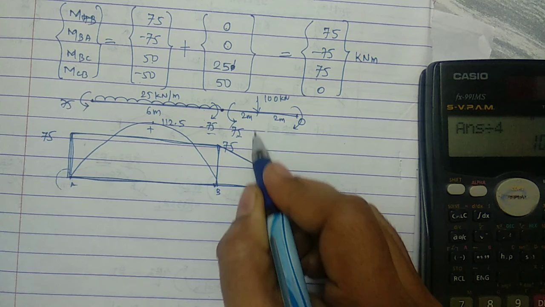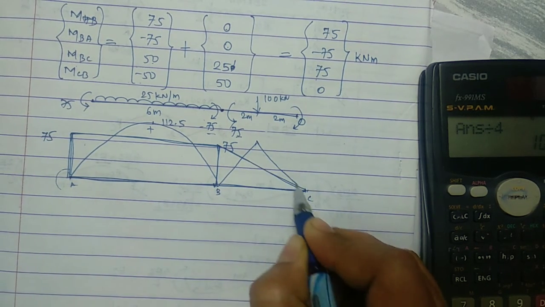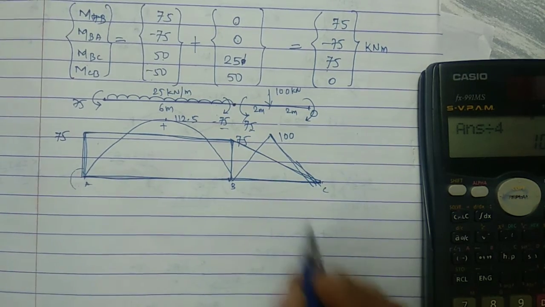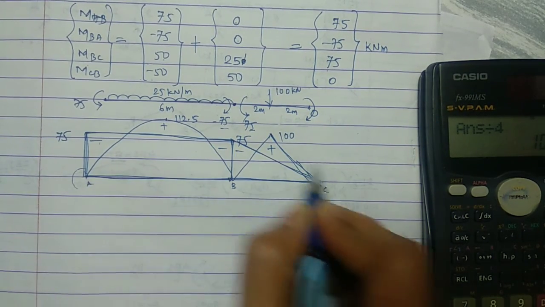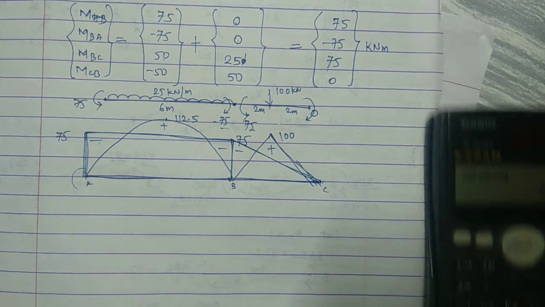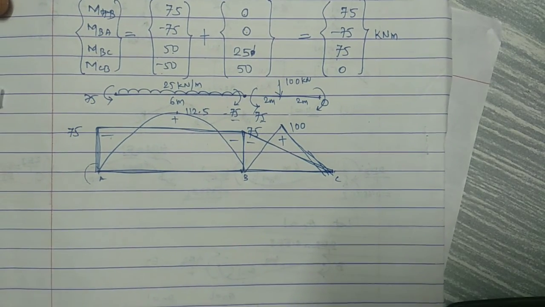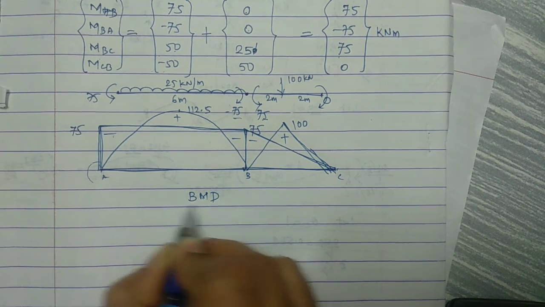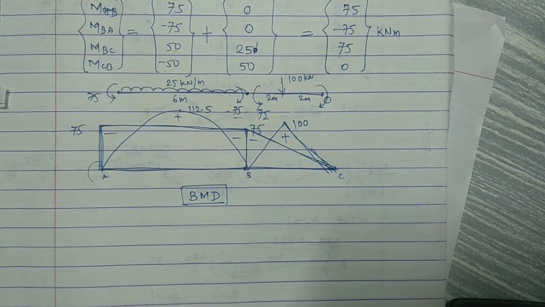So here under the point load, in a triangular shape, that is equal to 100. Okay, so this is positive and this BMD, that is fixed BMD, support BMD, is negative bending moment. So here this is your final BMD. Okay, thank you.